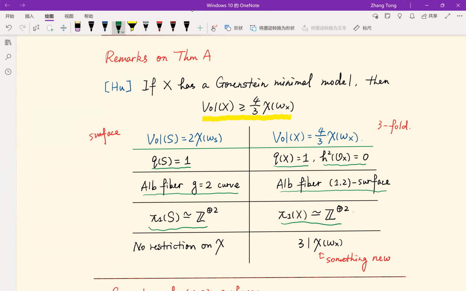And the fourth one is a very interesting one, which, for me and my collaborators, at first we did not expect could happen. If you consider the examples of the extremal case in the surface case, there's no restriction on this chi.